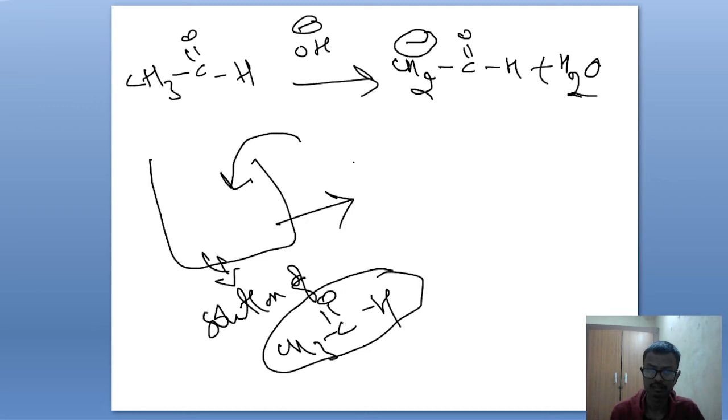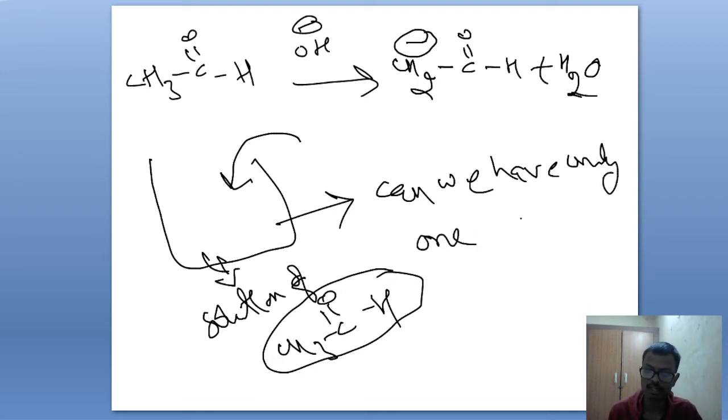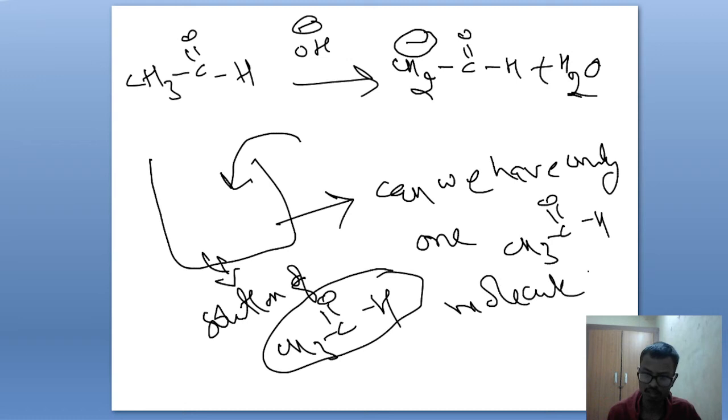So can we have only one CH3CHO molecule or more?